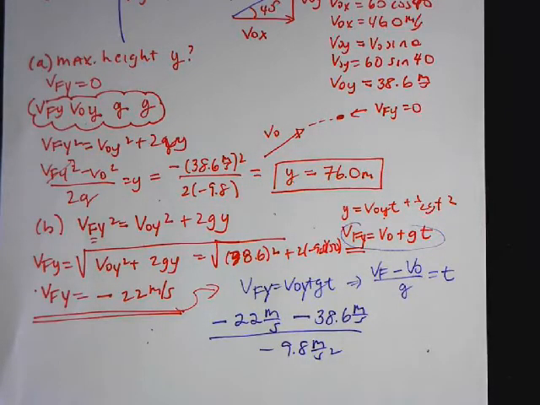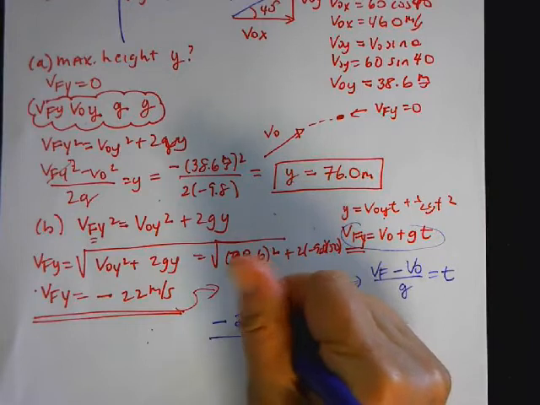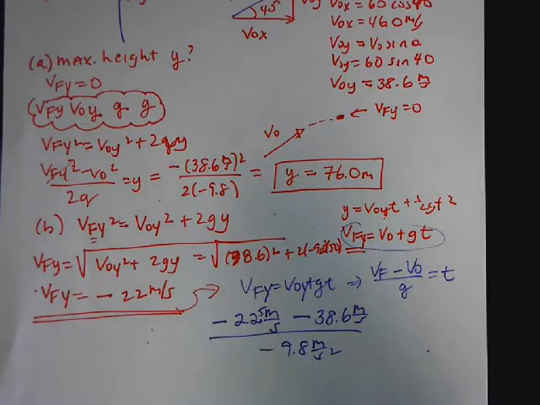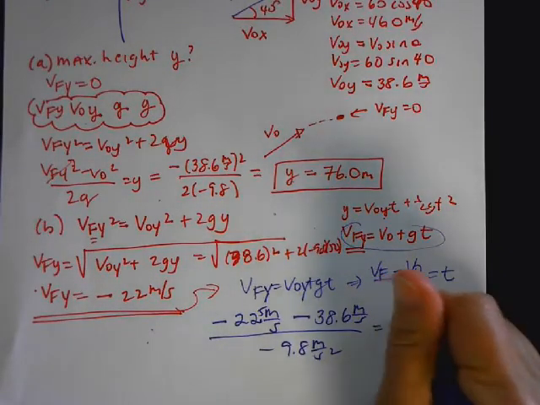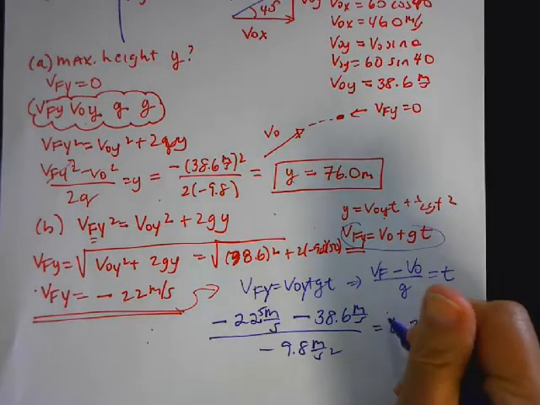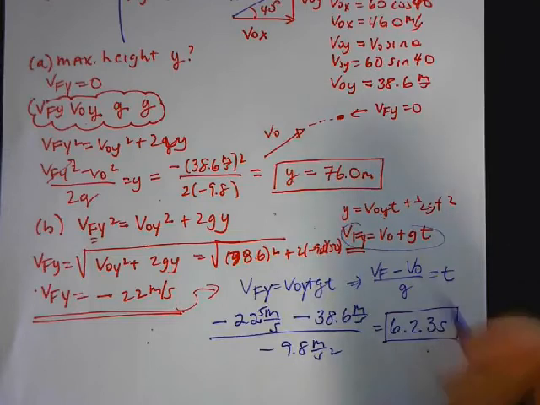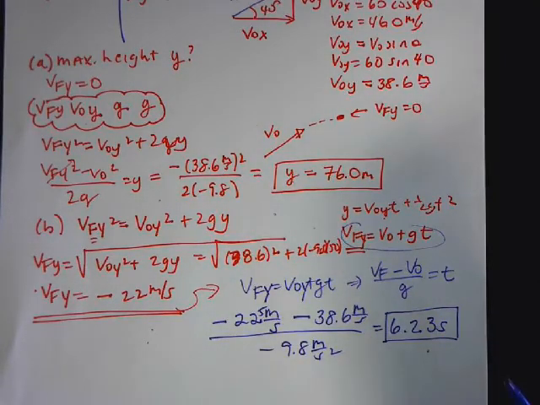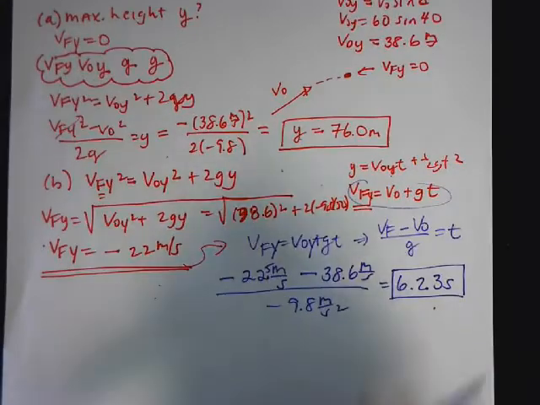So I forgot the 0.5 here. So 22.5 negative minus 38.6. So this comes out to be 6.23 seconds. The negatives cancel, and a meter per second divided by a meter per second squared, when we work it all out, comes out to be a second.